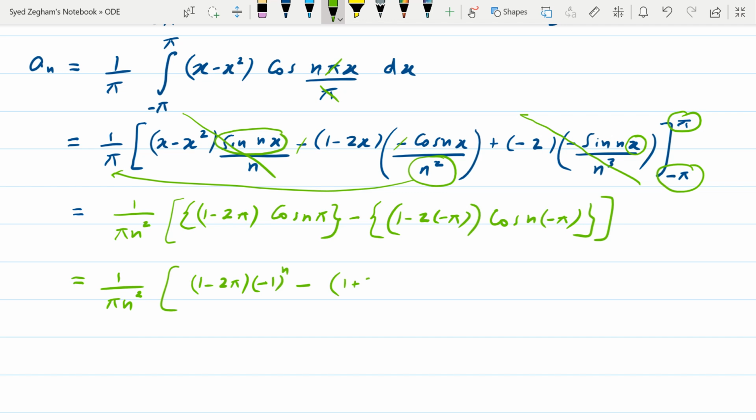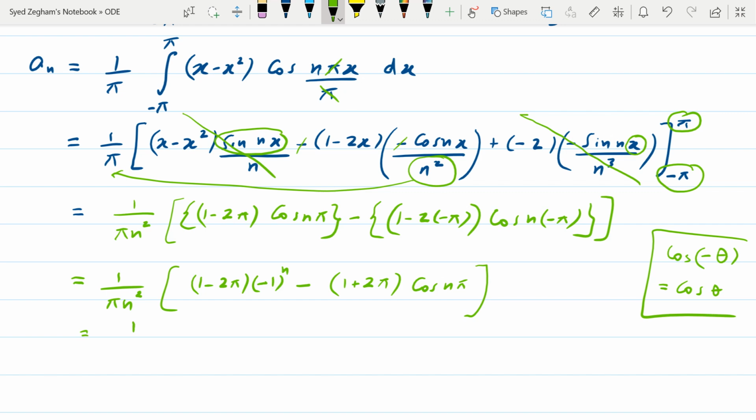So this will become 1 plus 2 pi multiplied by cosine minus n pi. And we know that cosine of minus theta is same as cosine theta, right? So that minus sign will not make any effect. So cosine minus n pi will be same as cosine n pi, right?